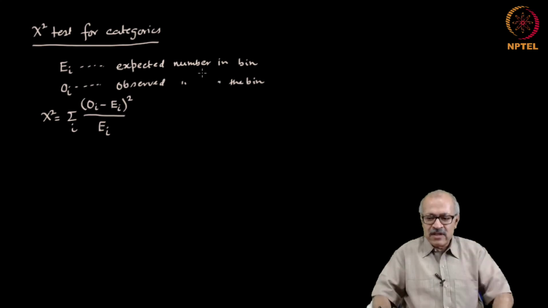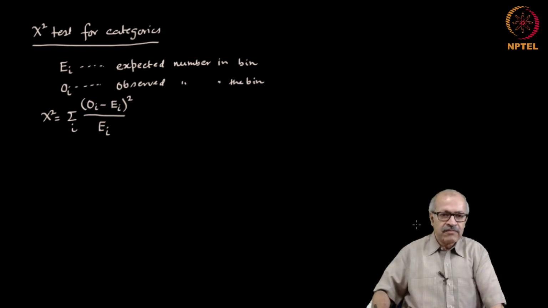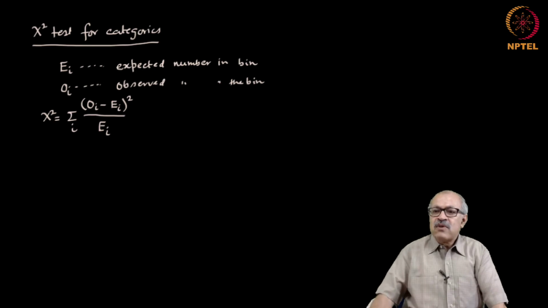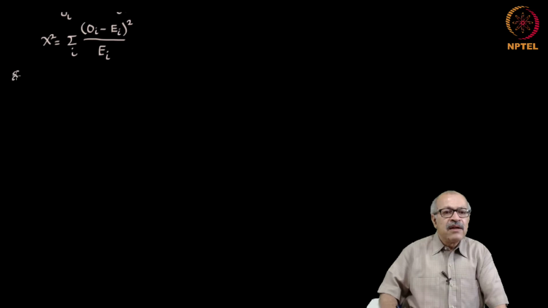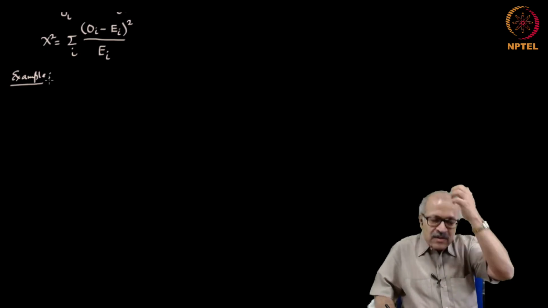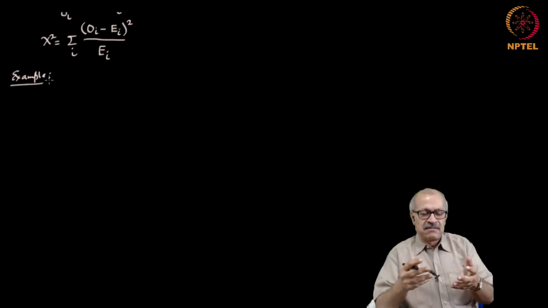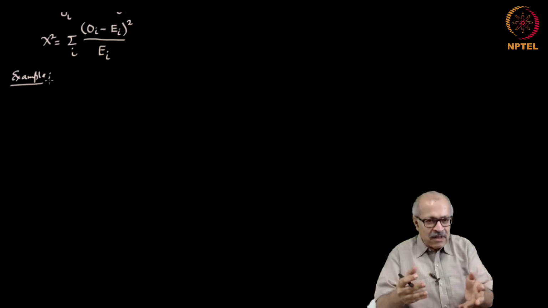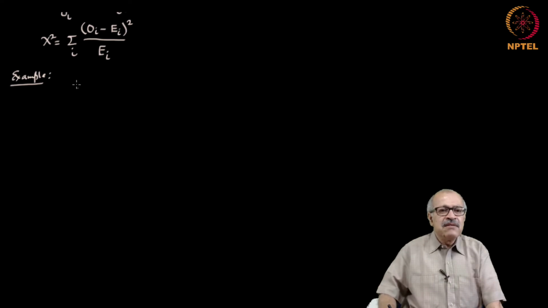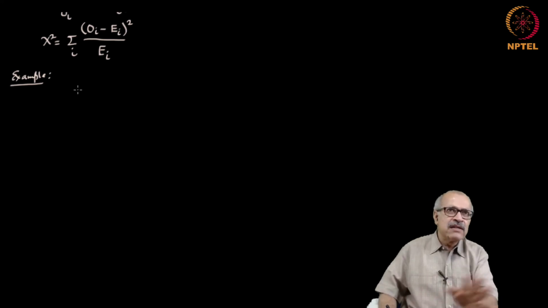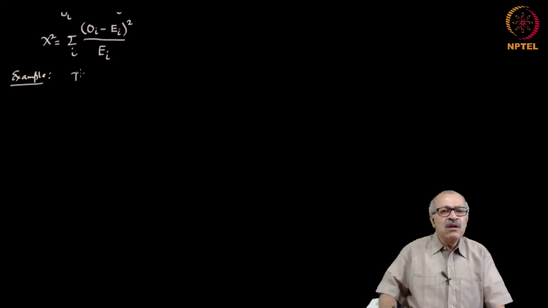Let me illustrate with an example. Okay, now let us go to an example. You know, there are certain characteristics in plants. For example, let us take the example of the pea plant, in which there are two categories, like tall or short.